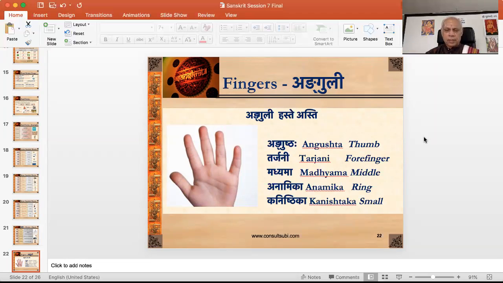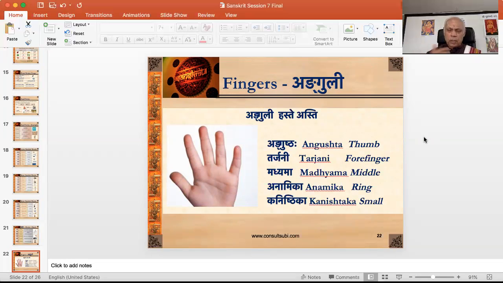Somebody who is illiterate, when he wants to fix his signature, he puts his anguti, the thumb impression. So the anguti comes from the word angushta, angushtaha. So this thumb impression is called anguti.